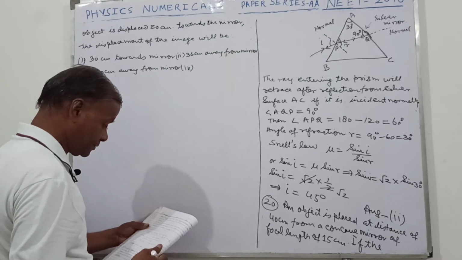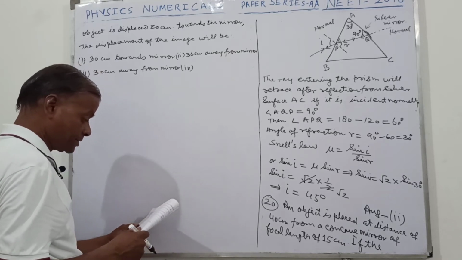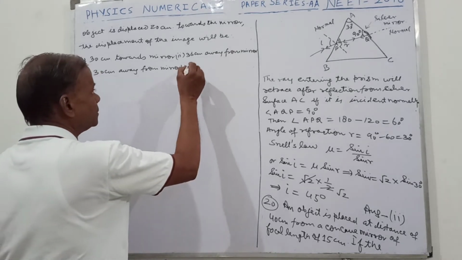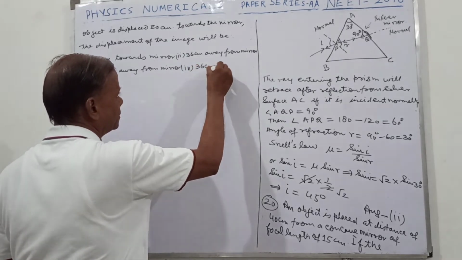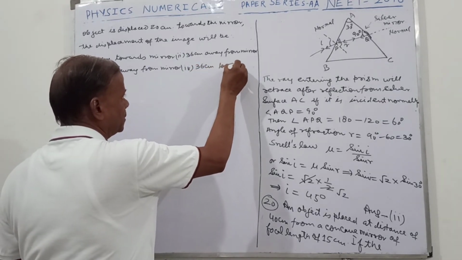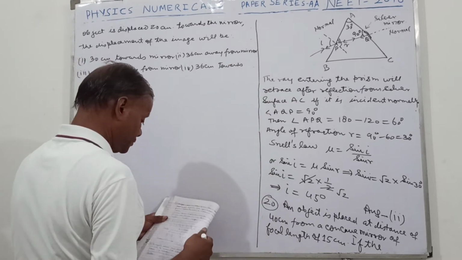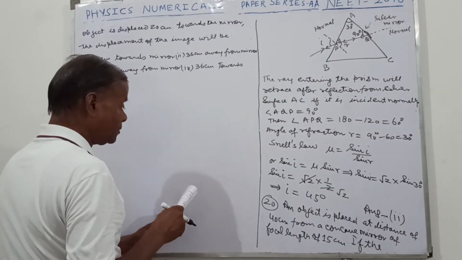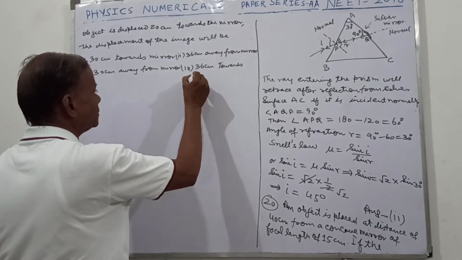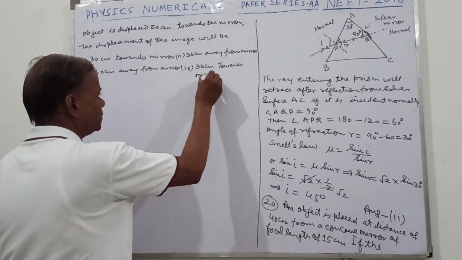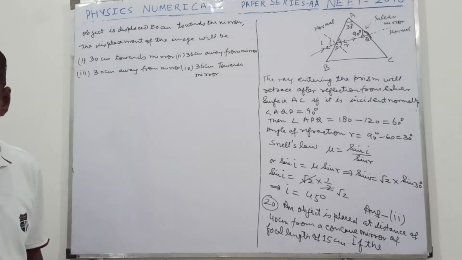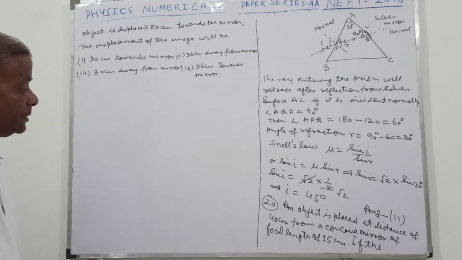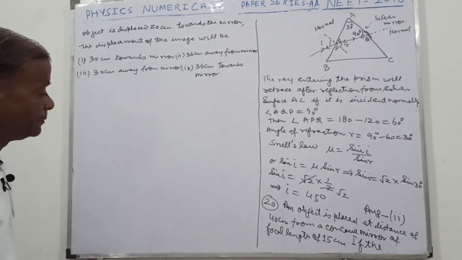And fourth is 36 centimeter towards mirror. These are the options. You are given the concave mirror.